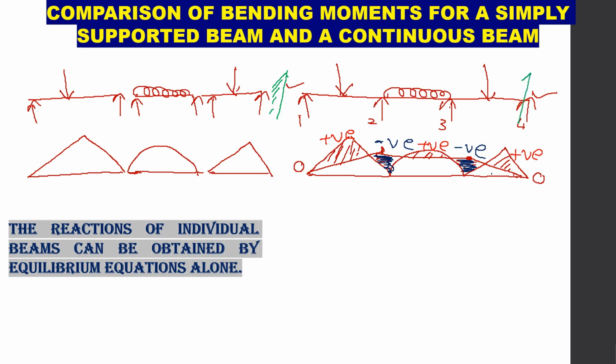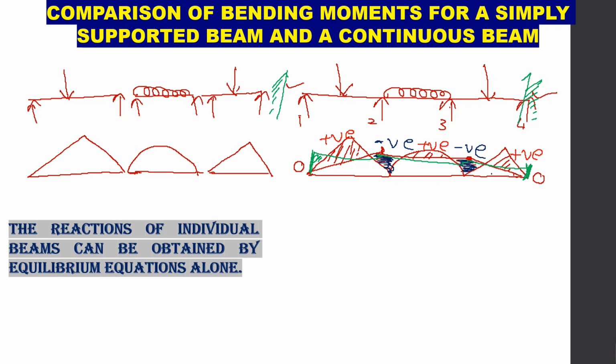In the second case, suppose the end supports are fixed, our bending moment diagram will be changed like this. You will have some negative bending moment at the support also, if these simple supports are replaced by fixed supports.